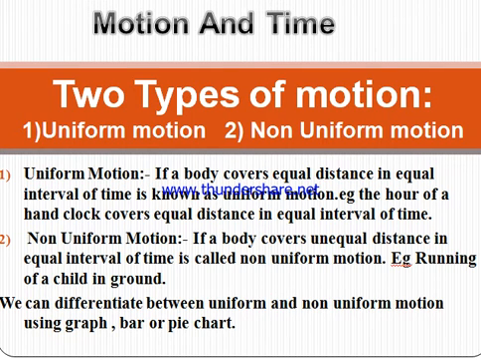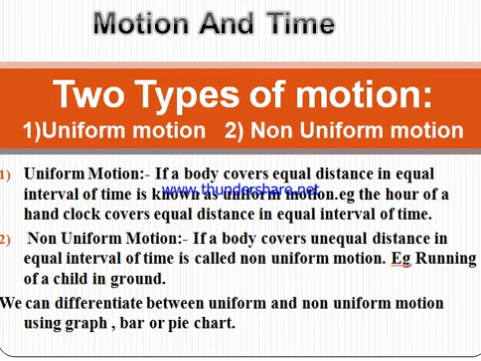Now we are coming to the next topic, the types of motion. Generally the motion is of two types. The first one is known as uniform motion and the second is non-uniform motion. Uniform means uniformity. Uniformity is equality.